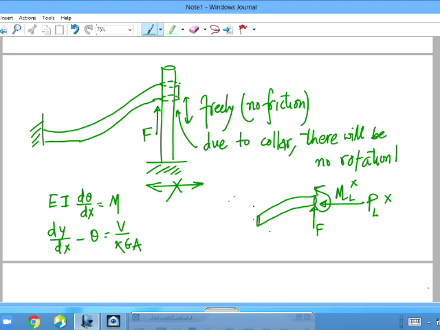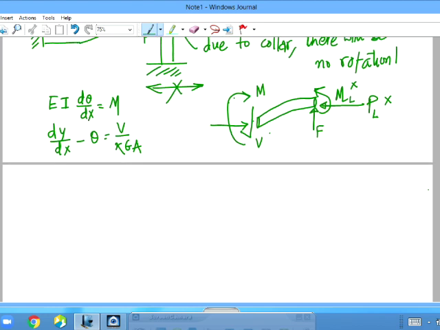Whereas on the other end, you have shear force V, then bending moment M, and then you also have axial force. Now when we do force balance, this simply tells us that V(x) is equal to F. What about the moment balance?